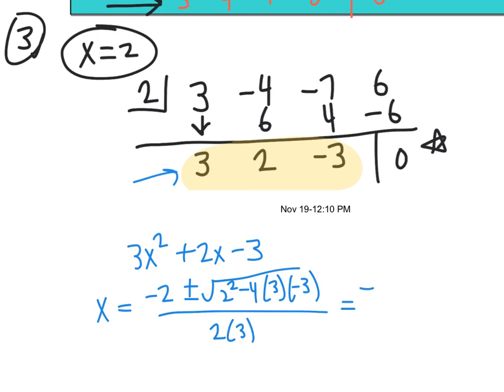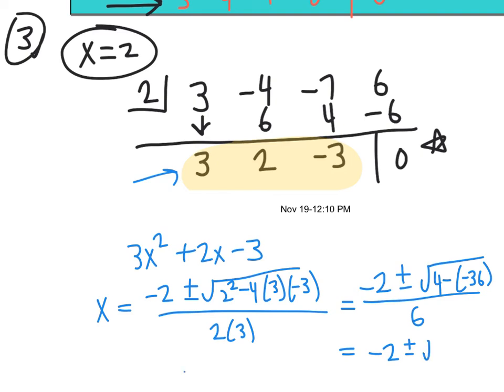So we're going to get a negative 2 plus or minus the square root of 4 minus 4 times 3 times negative 3, which is going to get me negative 36. So we have 4 minus negative 36 all over 6. Okay, 4 minus negative 36, of course, is 40.